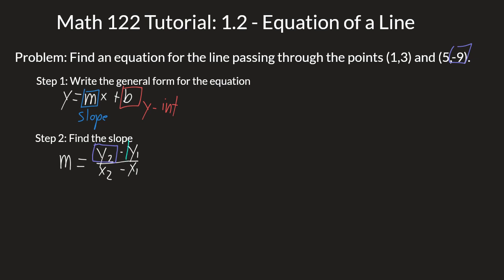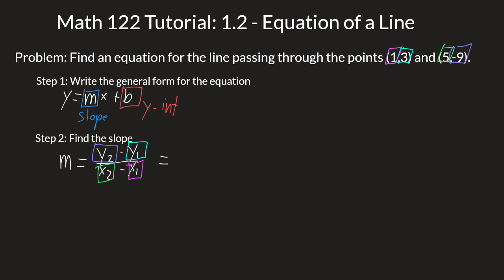Then minus y1, which is the y-coordinate of our first point, which is going to be 3. And then x2 is the x-coordinate of our second point, so that's going to be 5. And then x1 is the x-coordinate from our first point, so that's going to be 1.